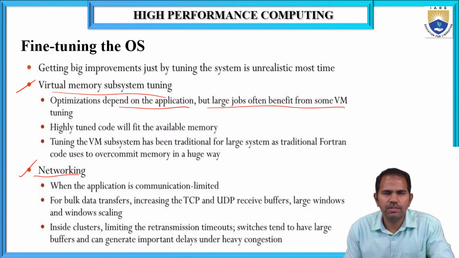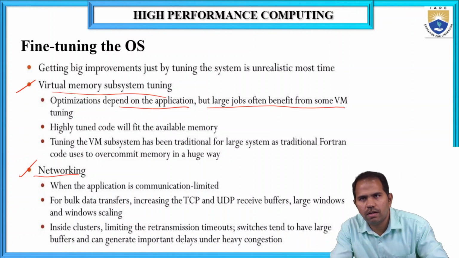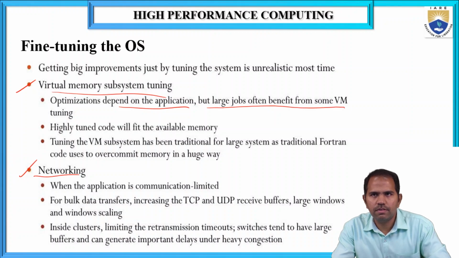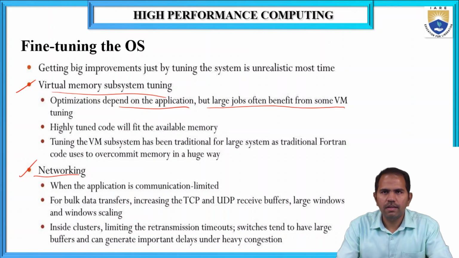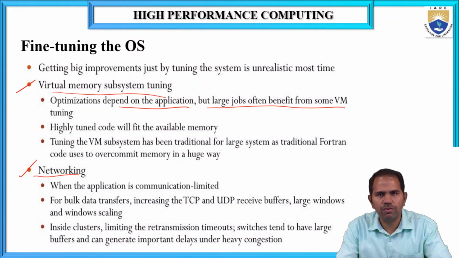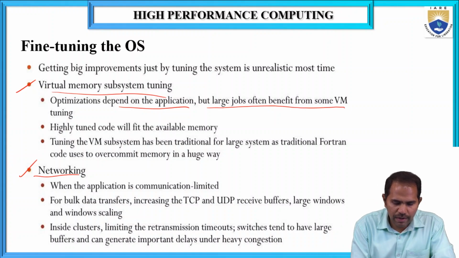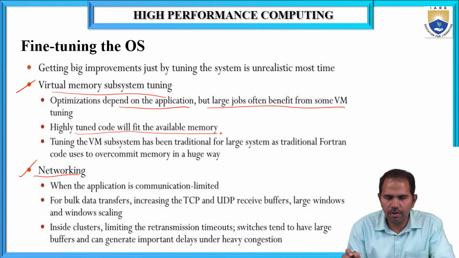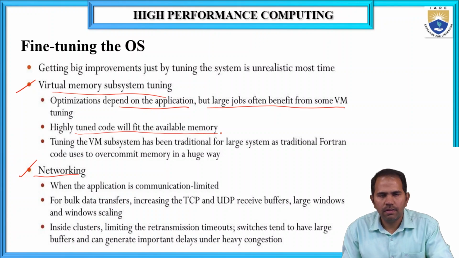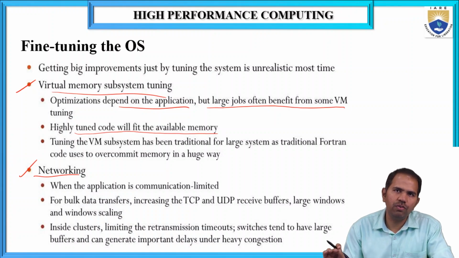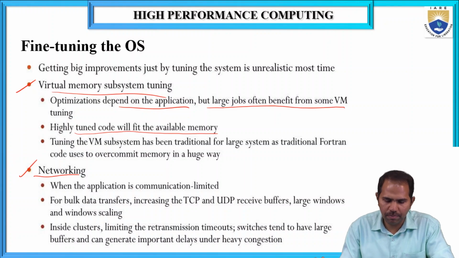The optimization depends on the application. So based on the applications, large jobs often benefit from some virtual memory tuning. You have to tune so that most of the jobs benefit from virtual memory subsystem tuning. The second thing is that highly tuned code will fit the available memory.